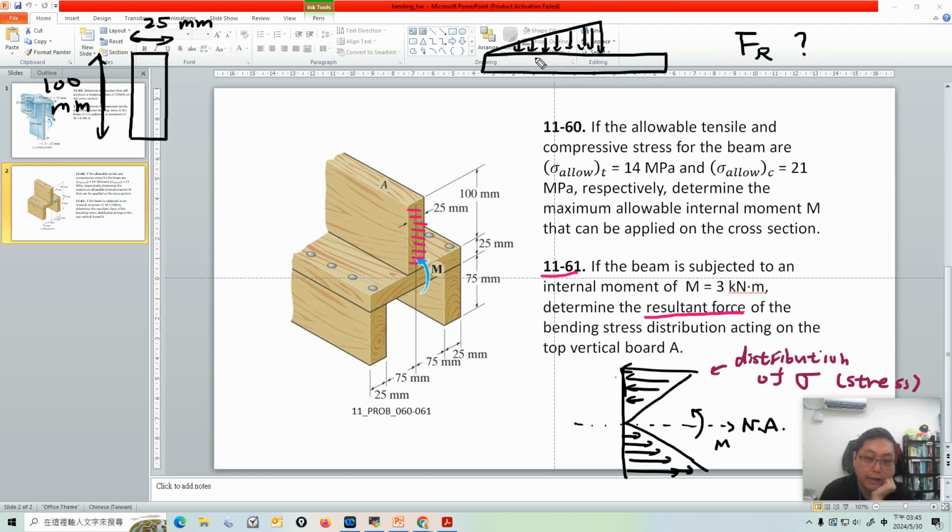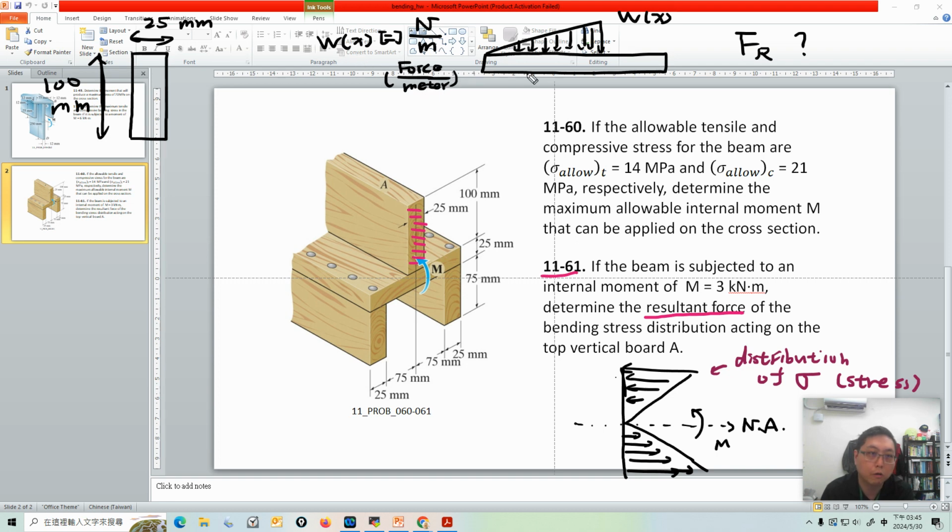In that case, in this problem, the distributed load, do you remember the unit? This is w of x. Its unit is force per meter. Let's call it force intensity.